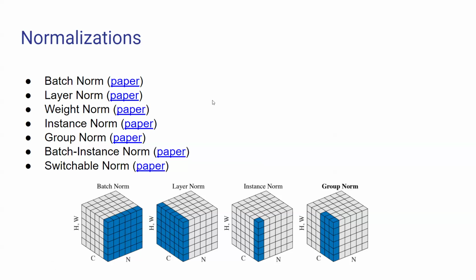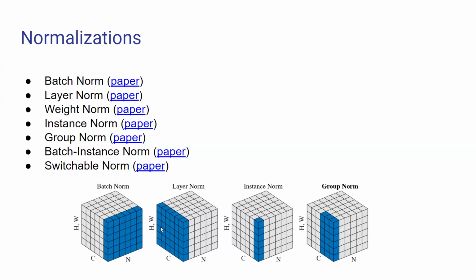A few of the popular ones are these four: batch norm, layer norm, instance norm, and group norm. Batch norm is applied across a mini batch, so you compute statistics for the mini batch and then normalize for the mini batch. Layer norm is different; you're doing it across the channel dimension.